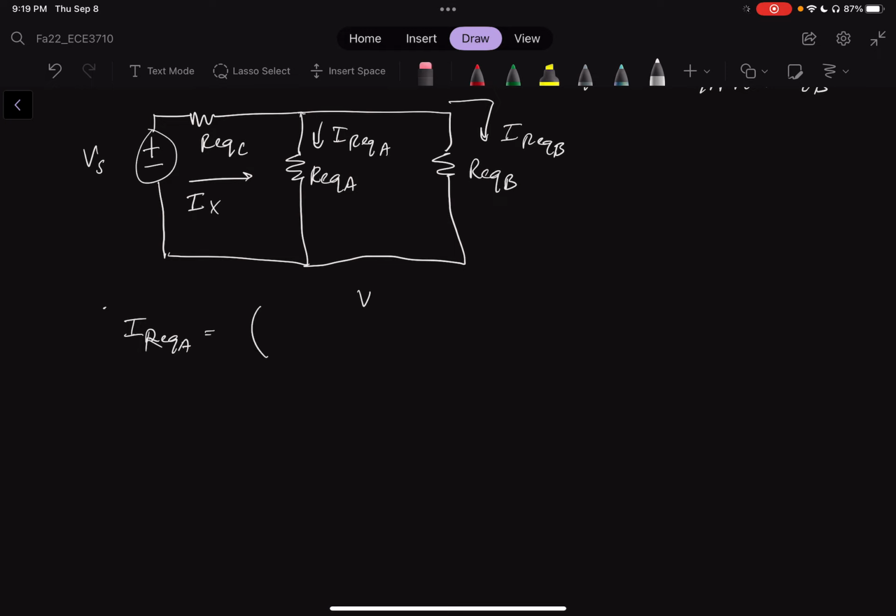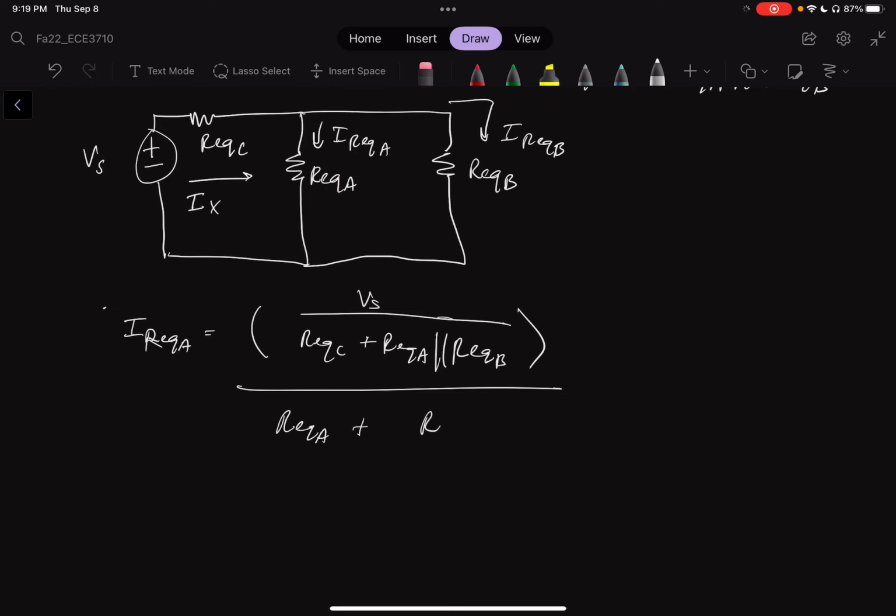In parentheses, V_S divided by R equivalent C plus R equivalent A parallel to R equivalent B, divided by R equivalent A plus R equivalent B, times R equivalent B. This is I_R equivalent A. I just plugged in what I_X is. This in parentheses right here, that's I_X.